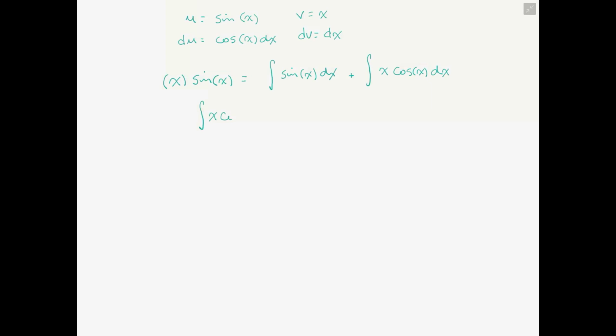Rearranging the sides, we have a new equation. It's not really a new equation, but it's rewriting it into a form that makes sense.